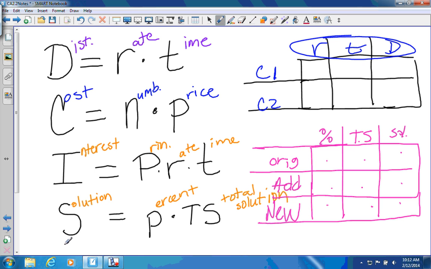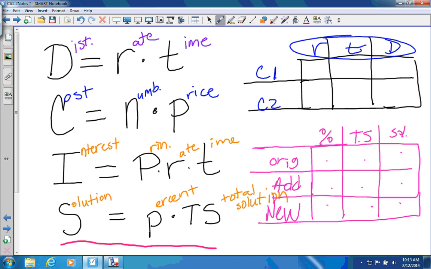Other times, when you're using this one here, you have an original solution, you're going to add something to it, and then you get a new solution. So the easiest thing to do is put it in the table, like I said, and you have your percent, total solution, and the solution amount. It depends on what the question is. Sometimes you may use this top chart for any of these.